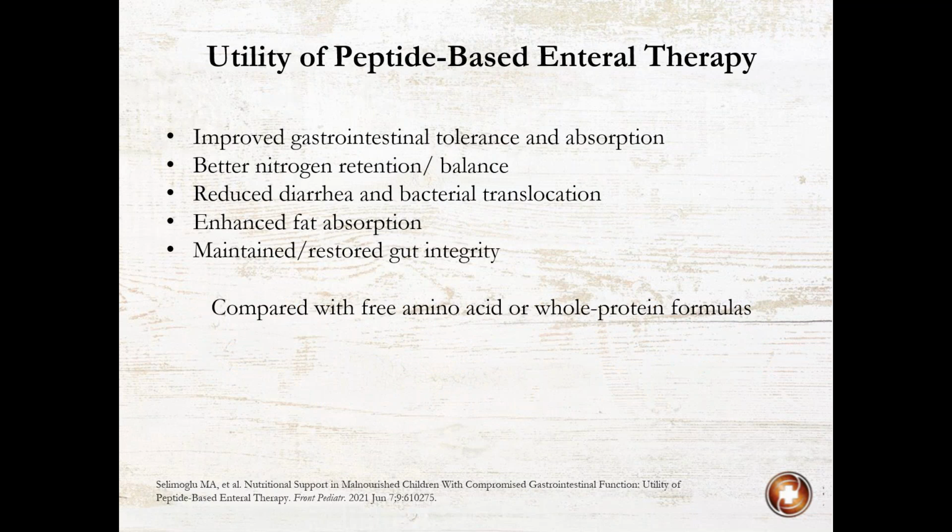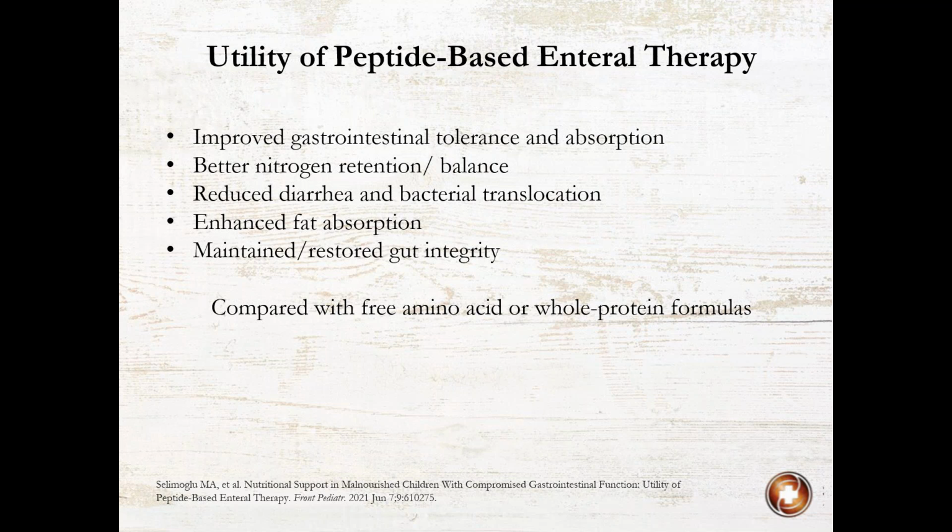So with our peptide-based enteral therapy in this specific study, we were looking at malnourished children. And as we all know, malnutrition is associated with gastrointestinal alterations. So it increases intestinal permeability and also can cause malabsorption and diarrhea. So this study was specifically compared to free amino acid formulas and whole protein formulas.